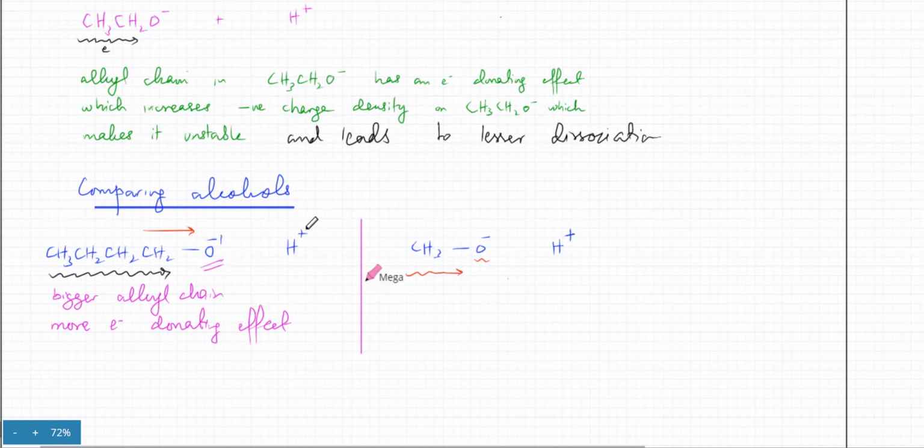It will be higher. It's going to be a bigger negative charge because electrons are coming from that side too, they're getting pushed onto the oxygen. So bigger alkyl chains, more electron donating effect, higher charge density.